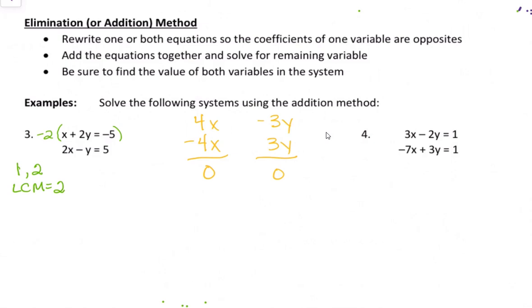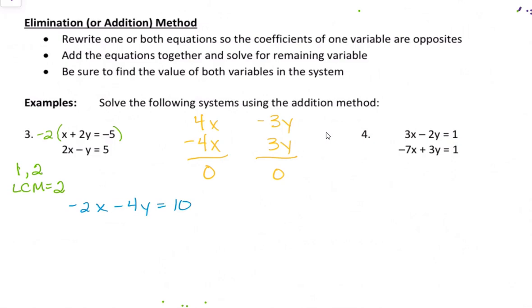Now remember, when you multiply by negative 2, you need to multiply the entire equation by negative 2, not just the x, because you want to keep the line equivalent. So let's go ahead and do that. If I multiply that top equation by negative 2, I'm going to have negative 2x minus 4y equals positive 10.